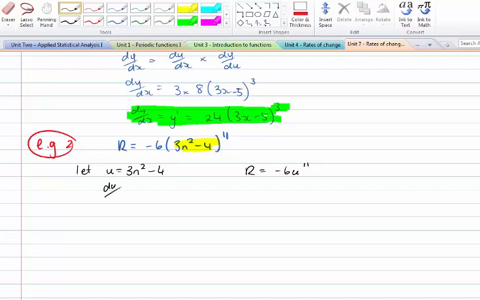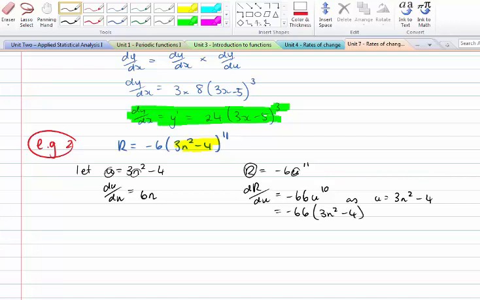du/dn, so u and n, will be equal to 6n, and the derivative of 4 is 0, and dr/du will be equal to 11 times −6, which is −66, u to the power of 10, 11 take 1 is 10, and as u is equal to 3n² − 4, it's −66(3n² − 4) to the power of 10.